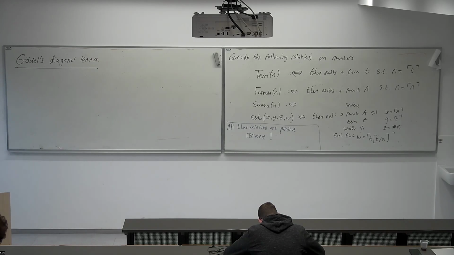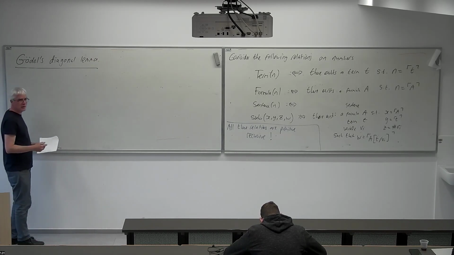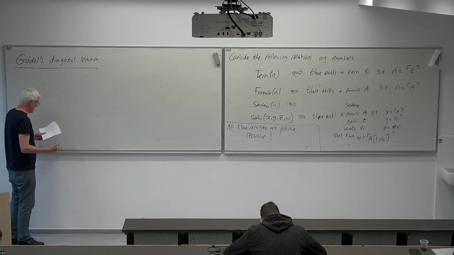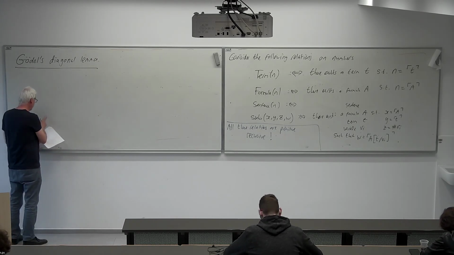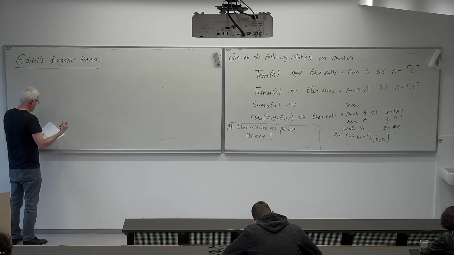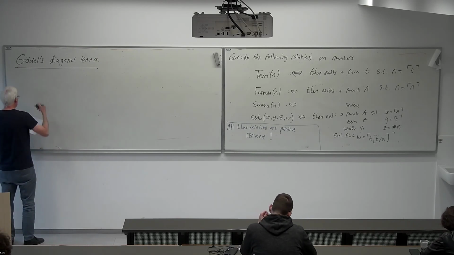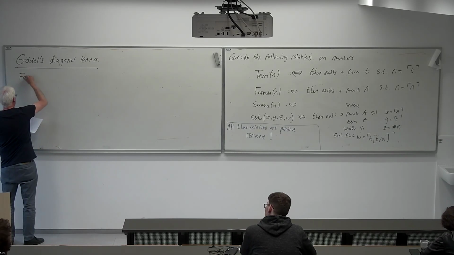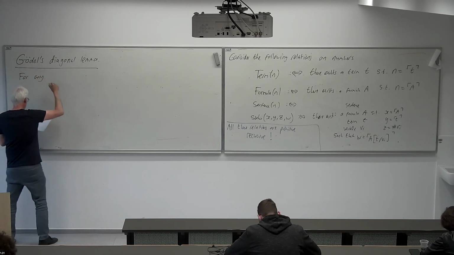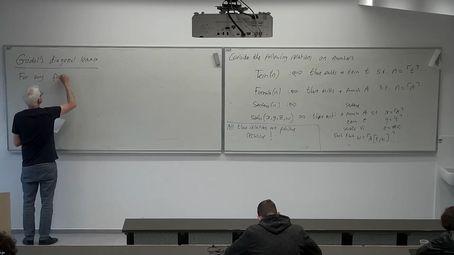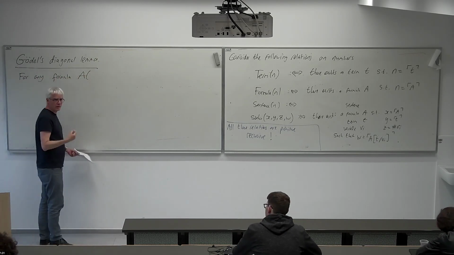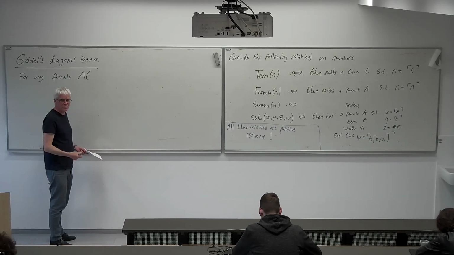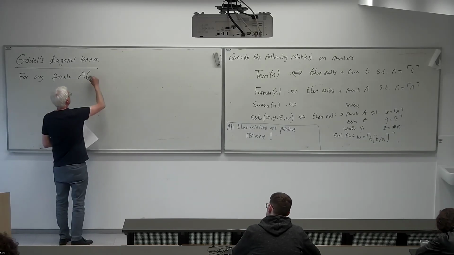Let A be any formula in the language of arithmetic, so any property of numbers. So it's actually going to have one free variable, so it's stating a property of numbers. So for any formula A with one free variable, and because we've got a specific collection of variables, v0, v1, v2, let's just make the variable v0.